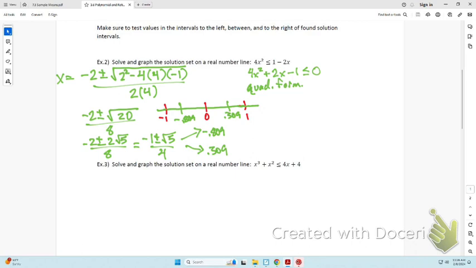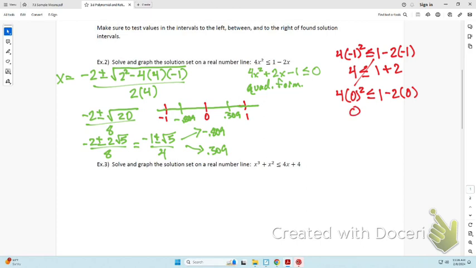Let's plug into the typed equation. Is 4 smaller than 3? Nope. Let's plug in 0. And is 0 smaller than 1? Yeah. We have an answer.